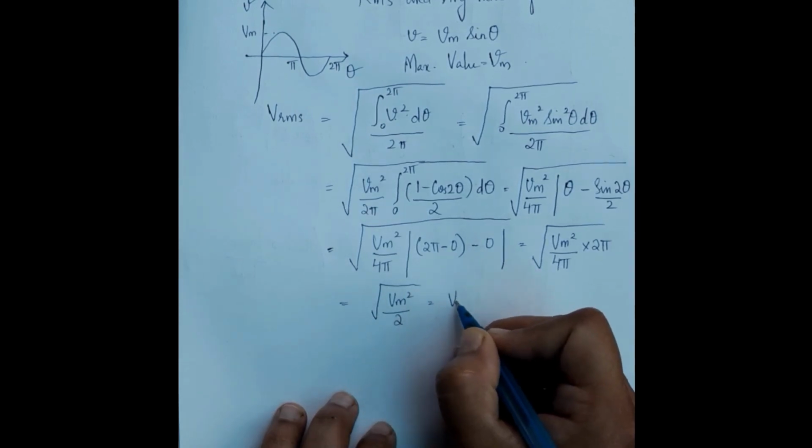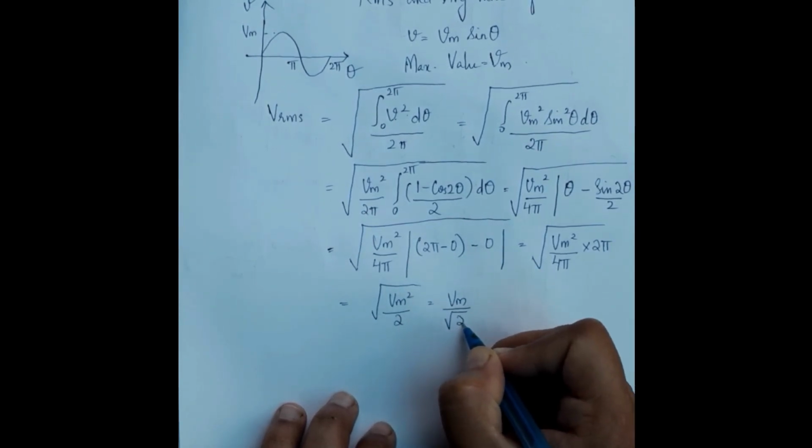So the RMS value is Vm by root 2, it's actually an important formula, try to memorize it.